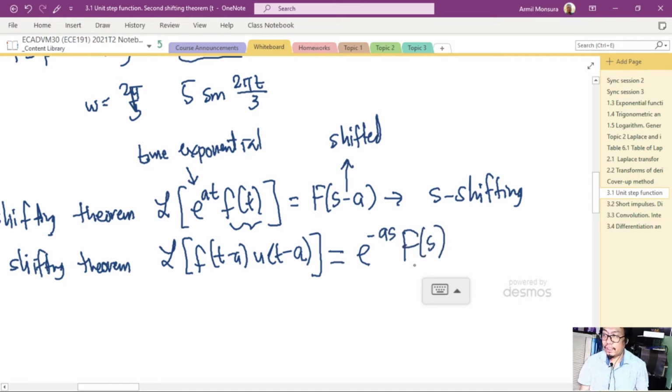Again, F of s is the Laplace transform of the function f of t.